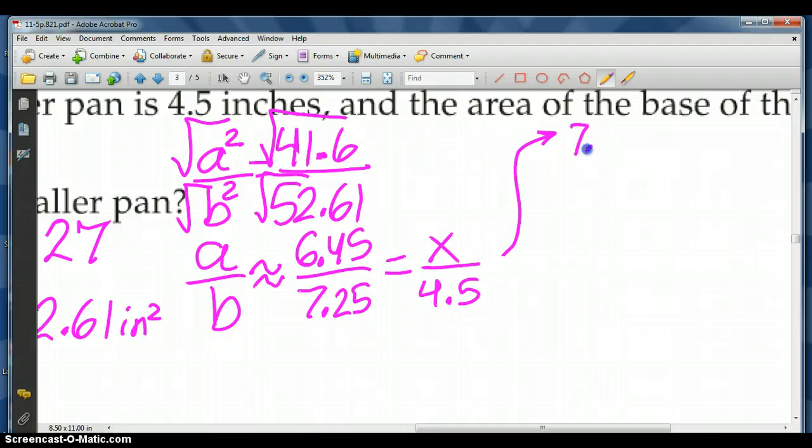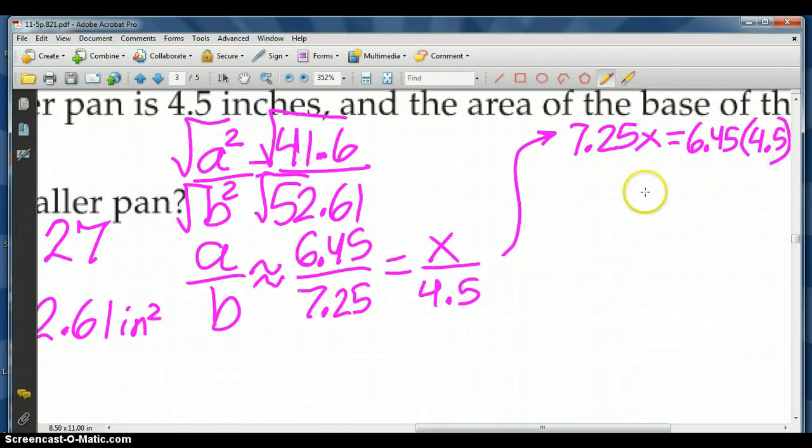So we take 7.25 times x, which is equal to 6.45 times 4.5.